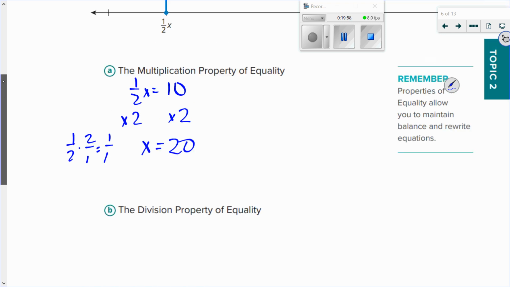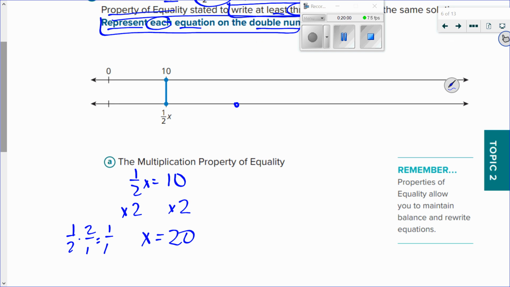Then I can go to my chart and I would say x, 20. Because what's 1/2 times 2? 1. What's 1 times x? X. Okay? X is 20. We just solved for it.